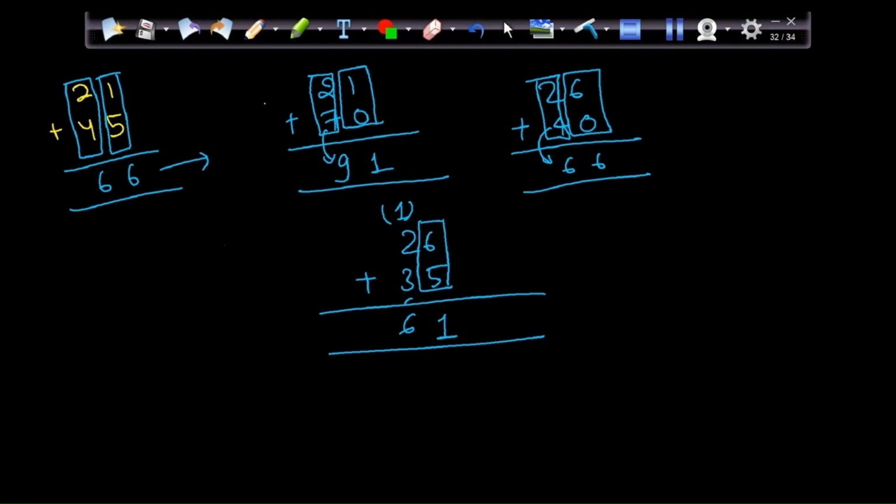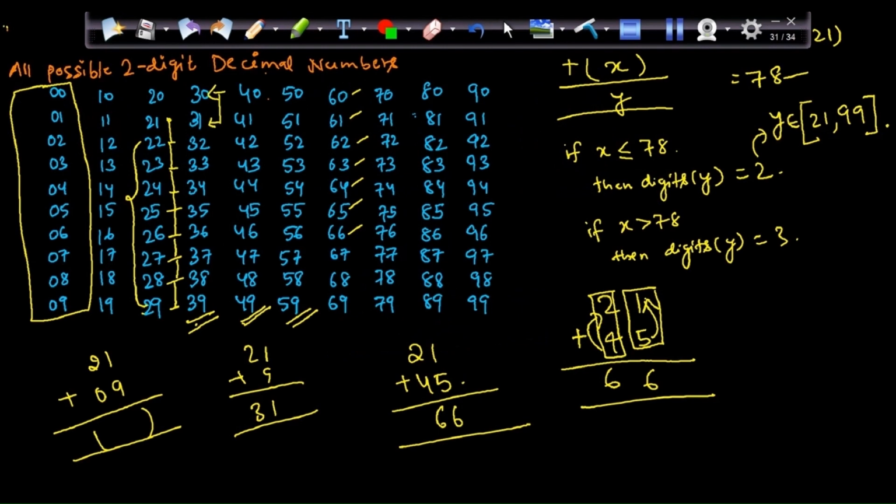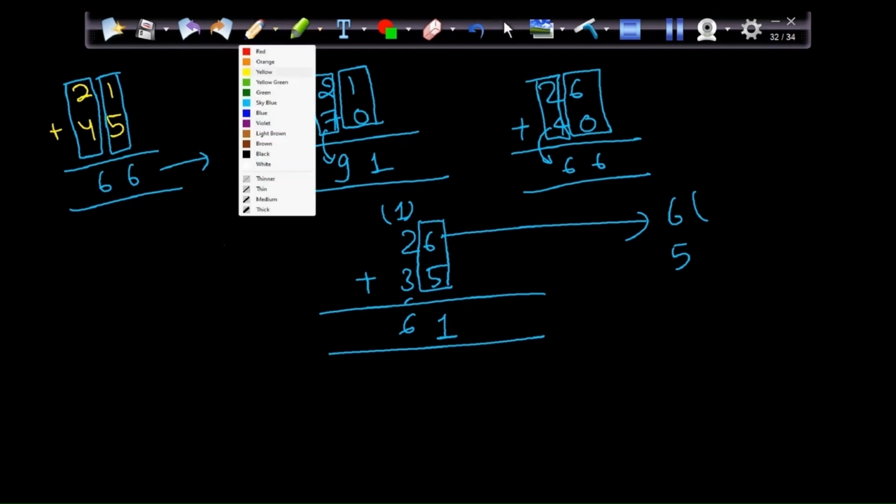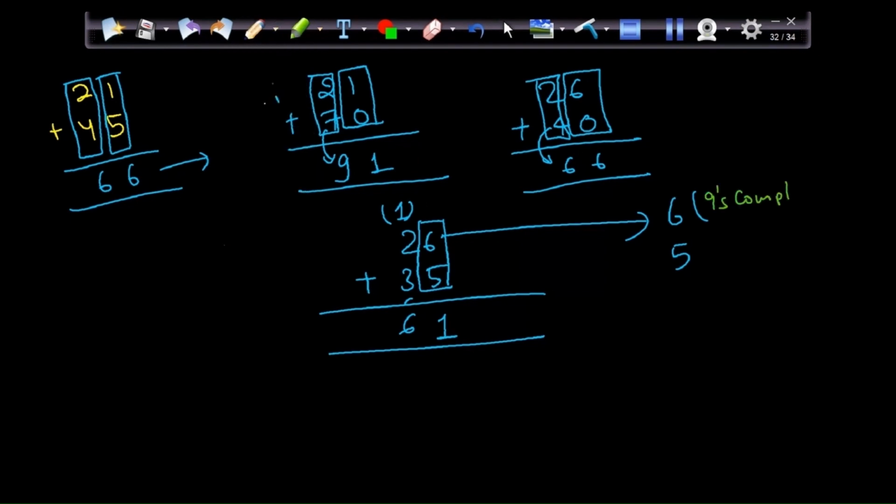Okay. And if you move 35 steps from 26, you will land at 61. Let me take out the unit place digit. It is 6. And you are adding to this 6 what? You are adding 5. Now, what is the 9's complement of 6? The 9's complement of 6 is 3. 5 is greater than 3.